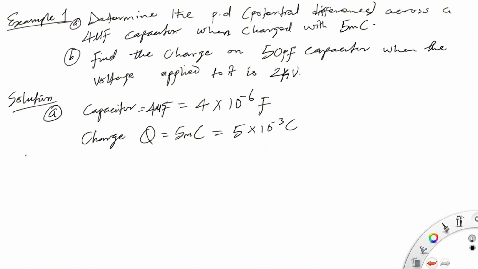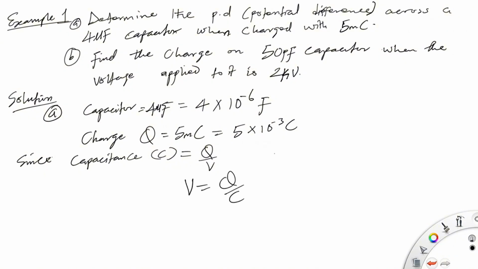Since capacitance C is equal to Q over V, let's make V the subject. V is equal to Q over C. Remember, in question 1 we were asked to determine the potential difference, where V is the same as potential difference.